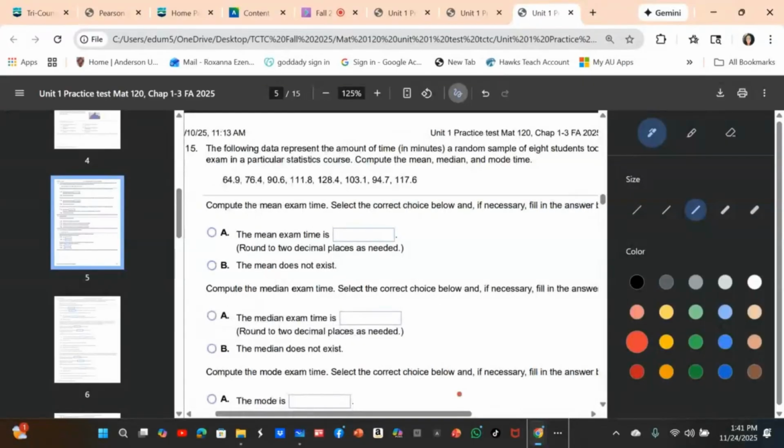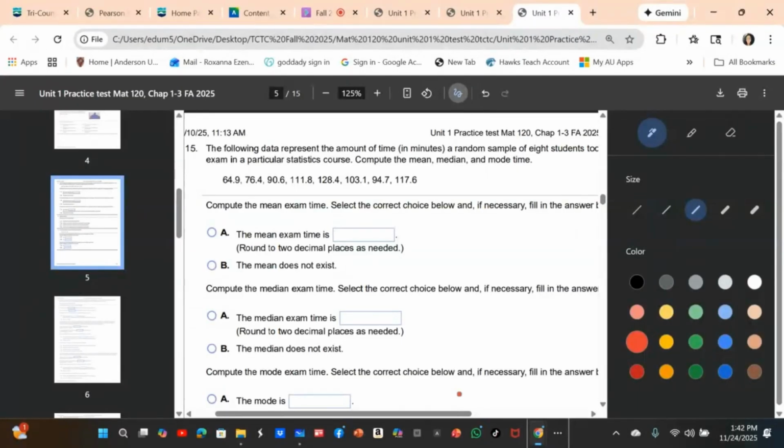So compute the mean, median, and mode. You already know how to do this. You put this data in your calculator, use one-variable stats, and find the mean, the median, and the mode. If you're told to find the mode, they're asking you if there's a number that occurs most.